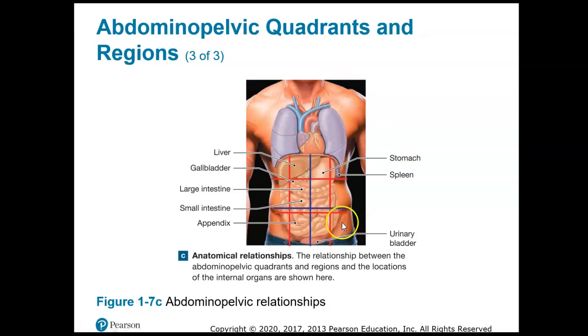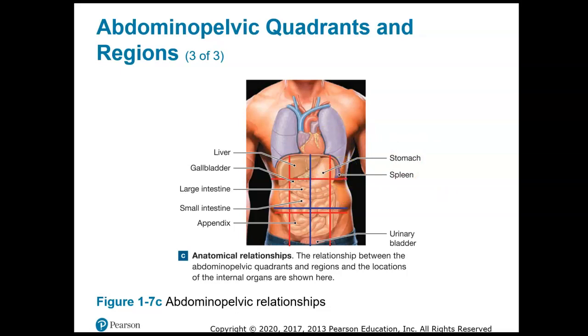And so that you can see the quadrants and the regions together, let's see, the spleen is located in which quadrant? It would be in the left upper quadrant. This is the left upper quadrant here. So the spleen is located in the left upper quadrant, and it is located in the left hypochondriac region.